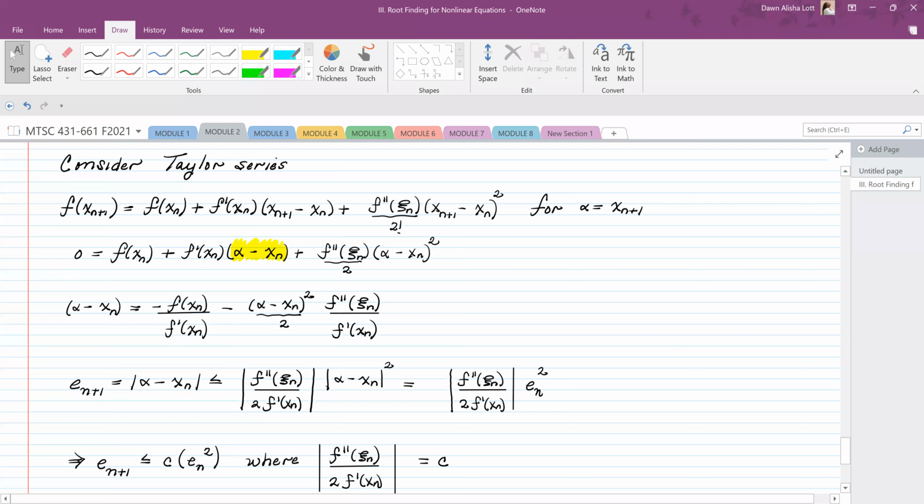Yes, I think I left out a step. Let me check here. If we want that alpha to be xn plus 1, let me go back a minute. Did I leave out a step?